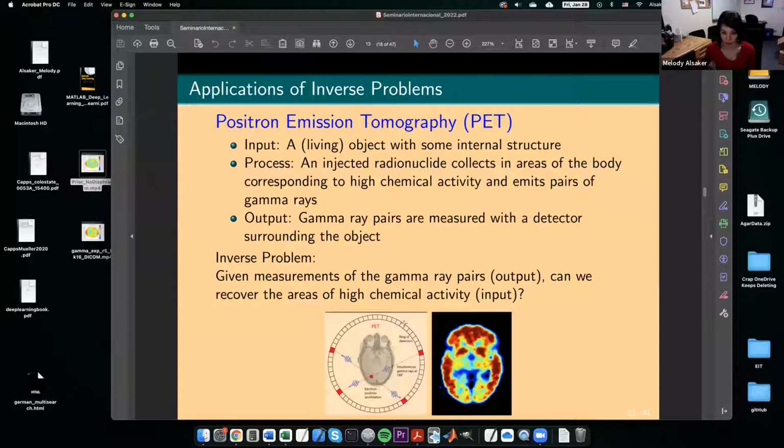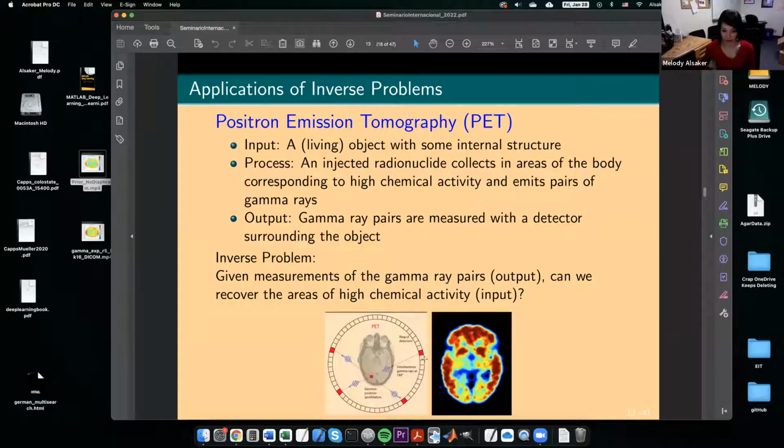Then we have this detector array around the outside. It has a reactive substance that lights up when gamma radiation hits it. So we can measure the fact that two of these detector components have lit up at the same time.